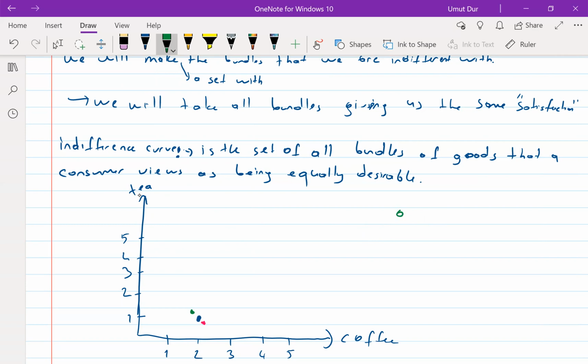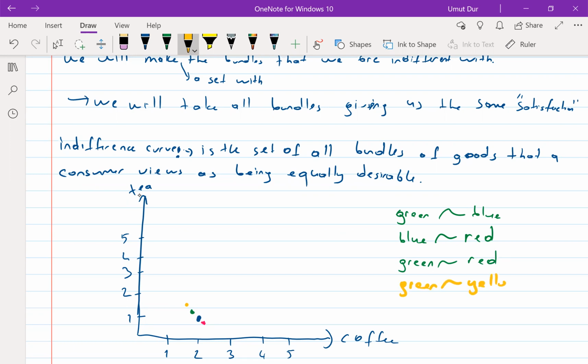I'm indifferent between green and blue, and I'm indifferent between blue and red. By using transitivity, I'm also indifferent between green and red. I can continue like this. I can draw the yellow one. I'm also indifferent between green and yellow.